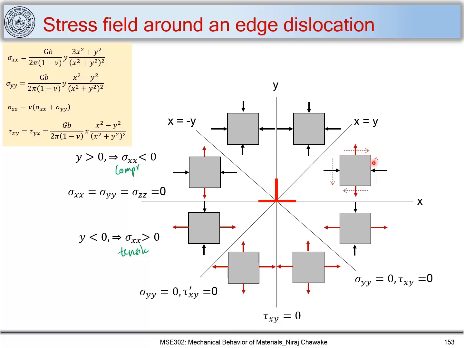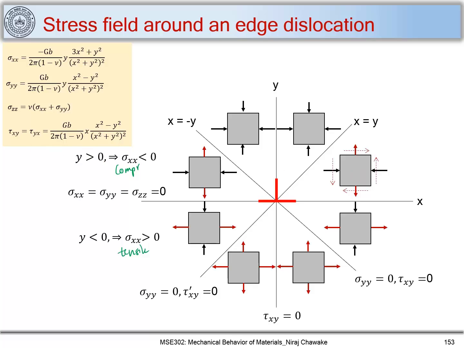Now let's look at shear stresses, that is tau xy. So when x is positive, that is x is positive here, and x is greater than y, that means tau xy will be positive. So we have defined tau xy to be positive. So how to mark that tau xy?